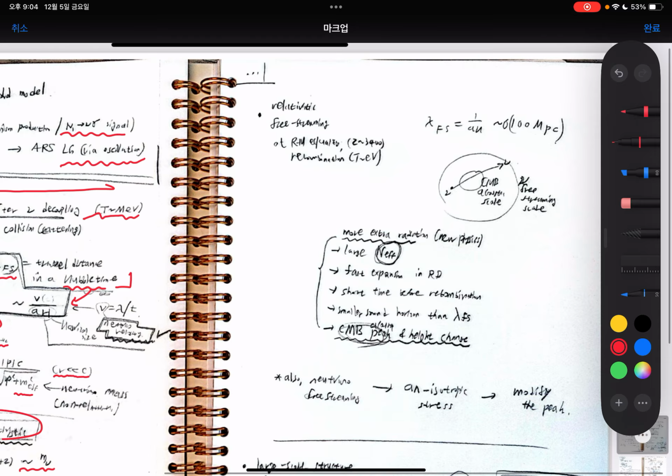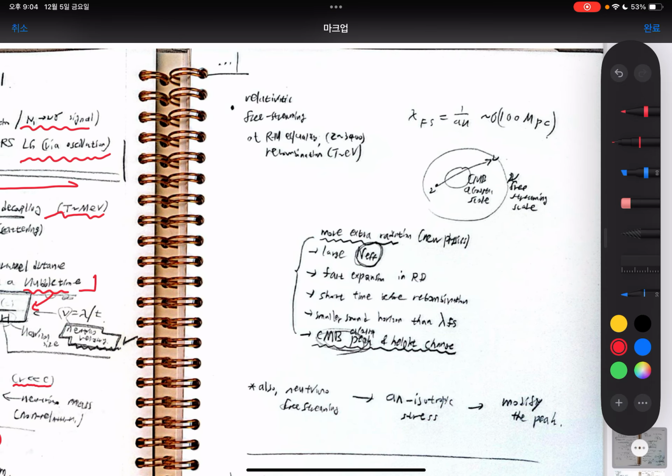During the relativistic free streaming, especially at radiation-matter equality or recombination, at that time the redshift is 3,400, with temperature around an electron volt. If we compare the neutrino free-streaming length with the v over H formula, this is of order 100 megaparsec.